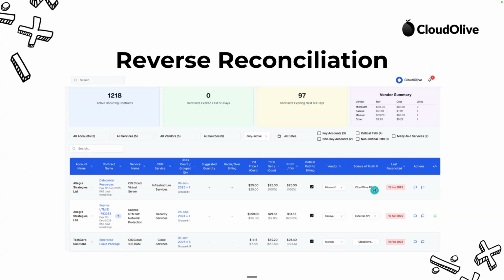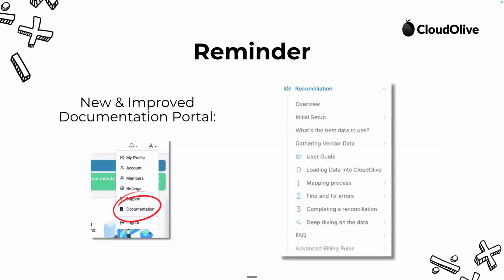Hence why the source of truth, or how this service is getting updated, might be Cloud Olive API for many of these things. But quickly isolating what the team needs to look at is the goal. So again, email adam@cloudolive.com if you're interested in helping us build that out and have some thoughts.